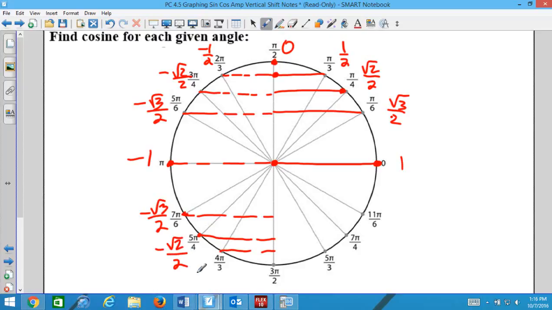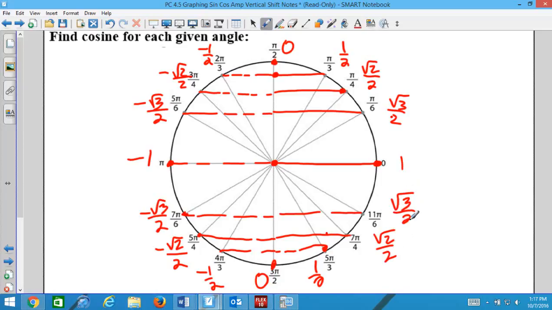Then we have negative 1/2. Then we have 0. Then we go the other direction, and we have now positive 1/2. And we have positive square root of 2 over 2. We have positive square root of 3 over 2. And then we get to positive 1 again.